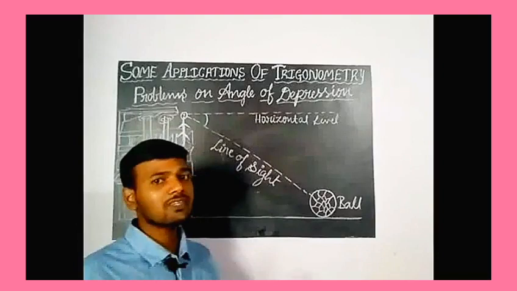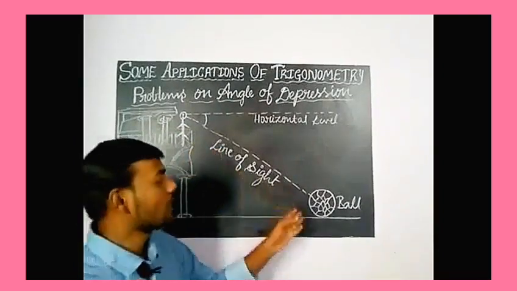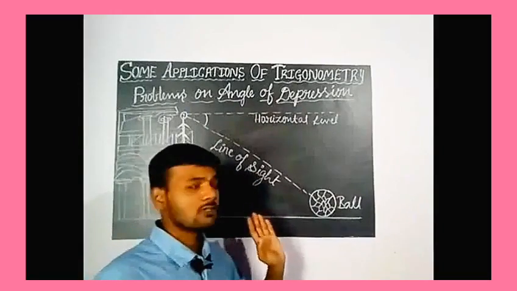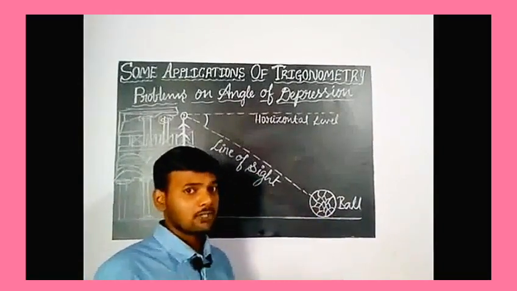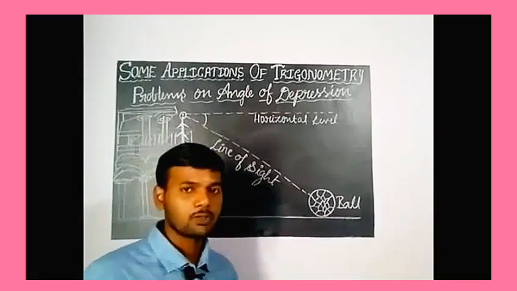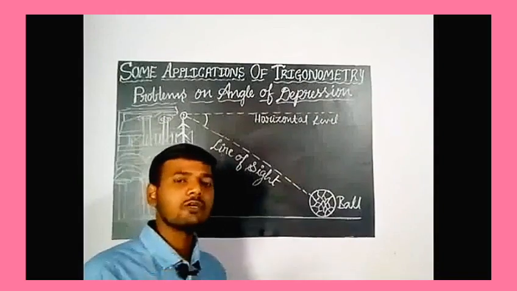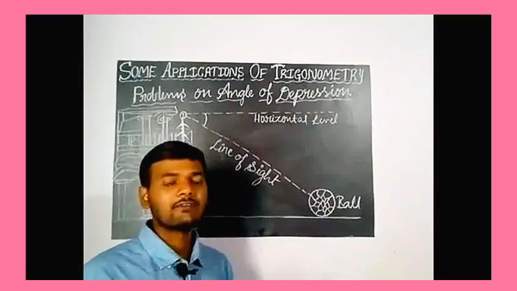The line drawn from the eyesight of the observer to the ball is an imaginary line, and that imaginary line is known as the line of sight. Whatever the observer wants to observe is taken as a line of sight.